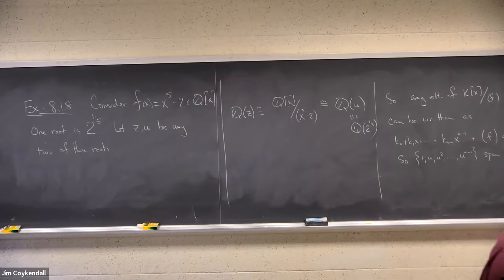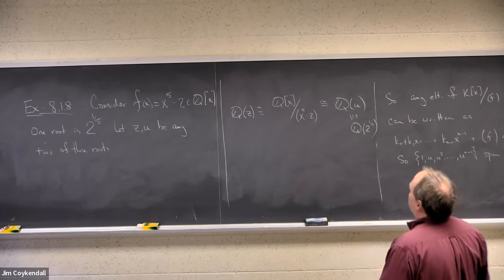It's of degree 5 over Q. It's got a basis 1, 2^{1/5}, 2^{2/5}, 2^{3/5}, 2^{4/5}. That's a basis for it. This is isomorphic to the field you obtain when you stick on one of the complex roots, right? And by the way, when you stick on one of the complex roots Z, that field will not contain its complex conjugate.